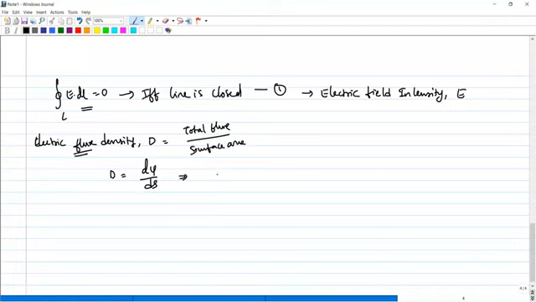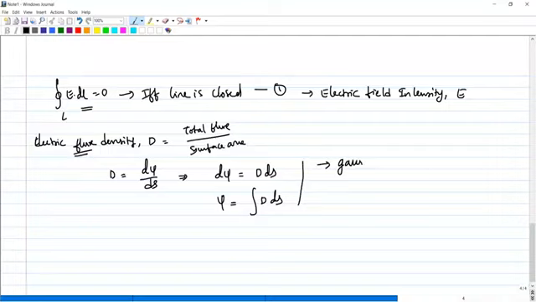So d psi is equal to D ds, and if you integrate on both sides, psi is equal to the integral of D ds. Now if you want to apply Gauss law, the surface should be enclosed.